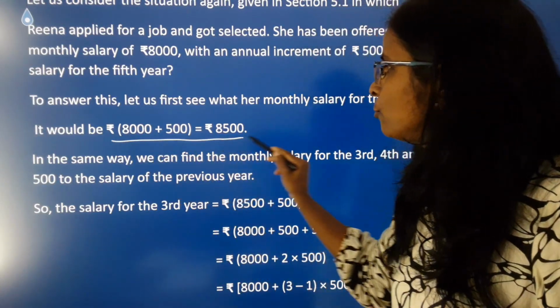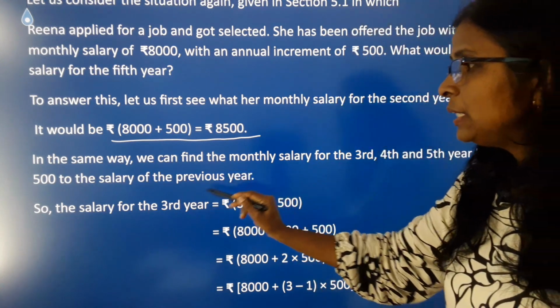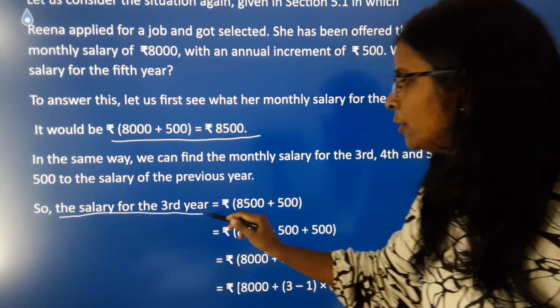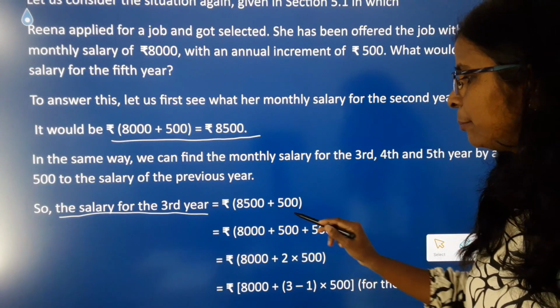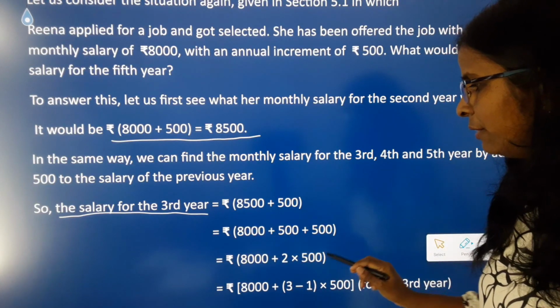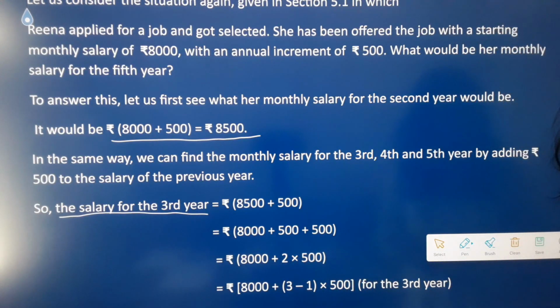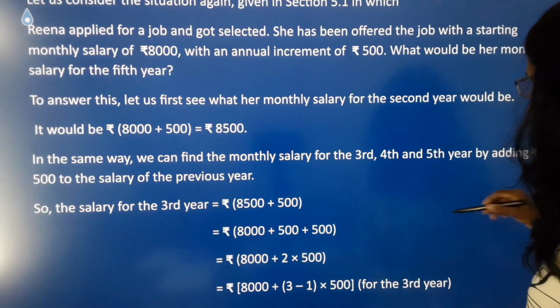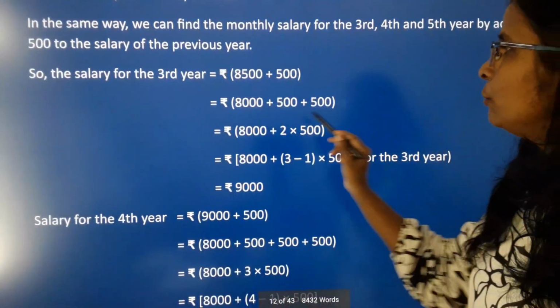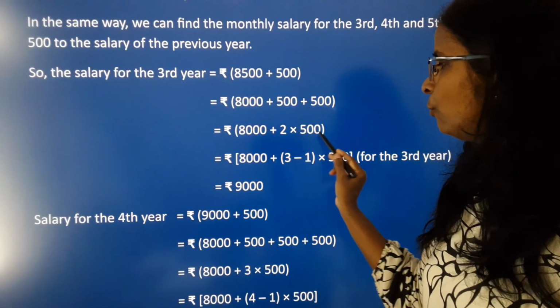In the same way, we can find out the monthly salary for the third year. That means 8,500 plus 500, that is 8,000 plus 500 plus 500. So 500 plus 500 means 2 multiplied by 500 here we can write.